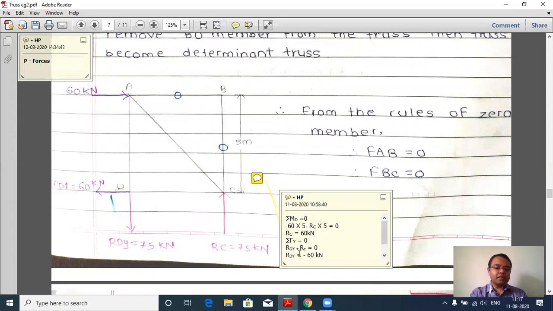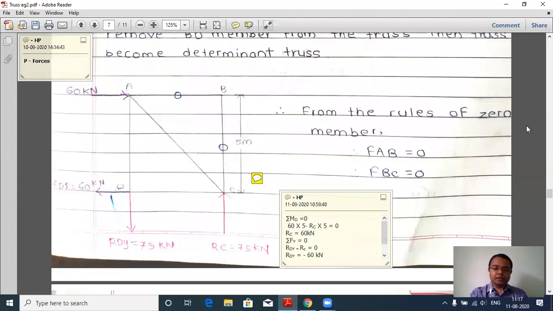From this we are getting RDY as negative, minus 60. The answer is minus. What it means? The assumed direction is wrong. RDY we previously assumed vertically upward, but here we are getting minus. So the final answer is RDY going in a downward direction.